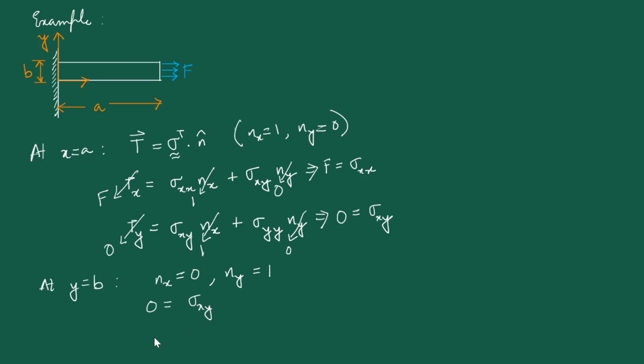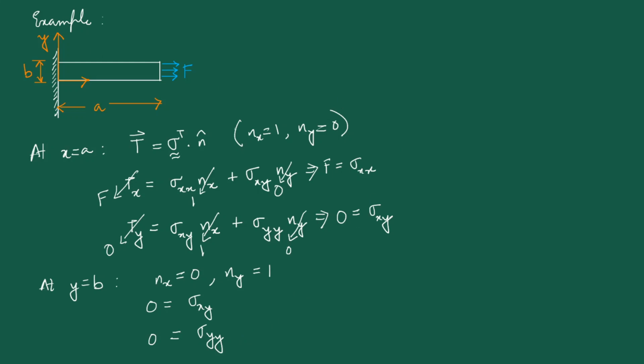Next, for Ty, I have 0, and sigma xy nx is 0 because nx is 0, and sigma yy will be left because ny this time is 1. So we have sigma xy equal to 0 and sigma yy equal to 0.